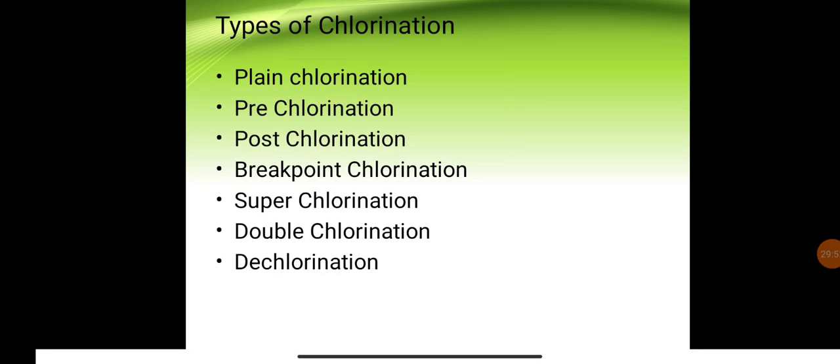Then what is meant by post-chlorination? It is the standard form of chlorination in which chlorine is added to water as it leaves the filter and before it enters the distribution system. When chlorine is added after the filtration process, that process is called post-chlorination.